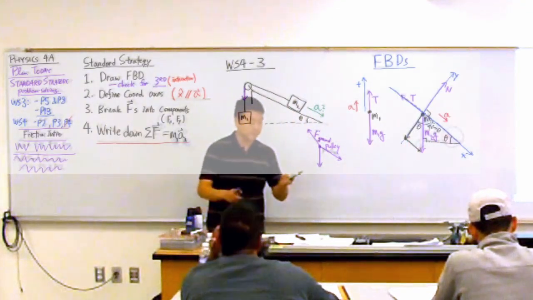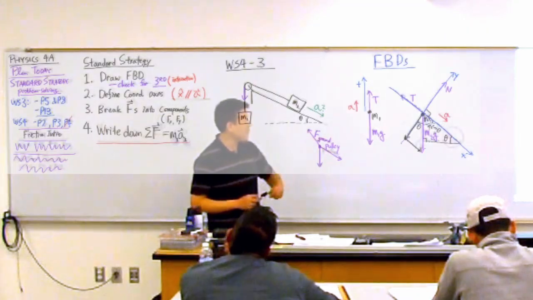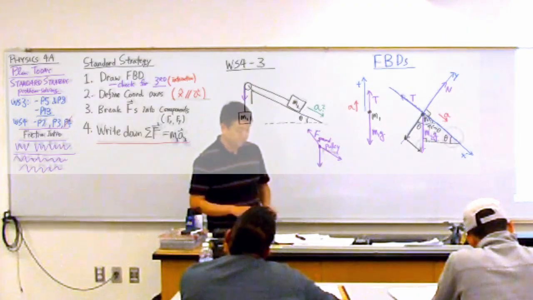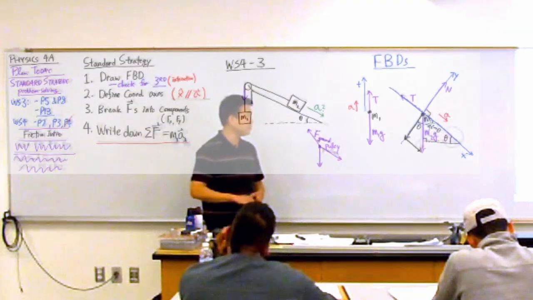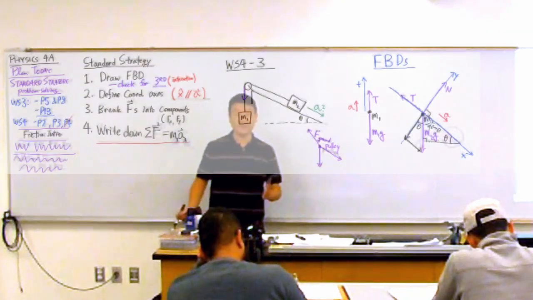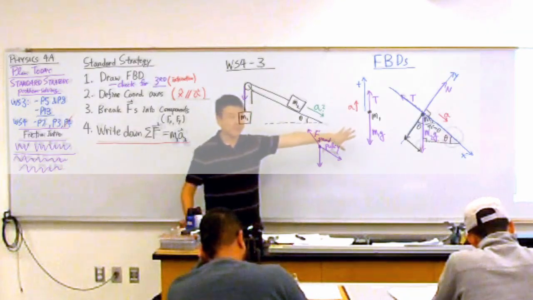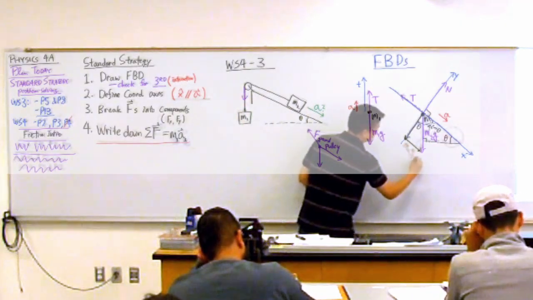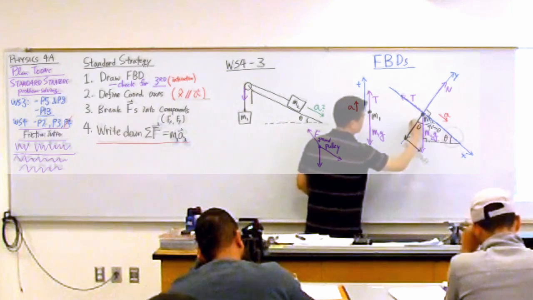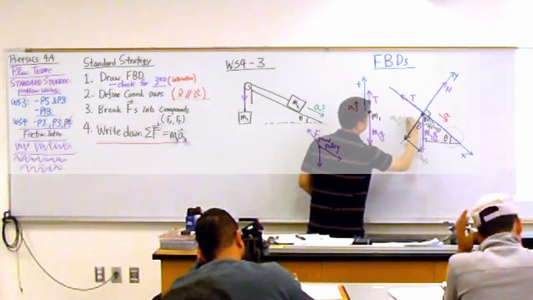It's the answer most of you knew already. It's the exact same thing we did last time, except this time I went a little bit different way. So this will take practice. Practice it on homework, and on an exam, you don't want to be spending too much time doing this. But it does need to be done. Okay, so with this, I can say this is m2g sine theta. This is m2g cosine theta.